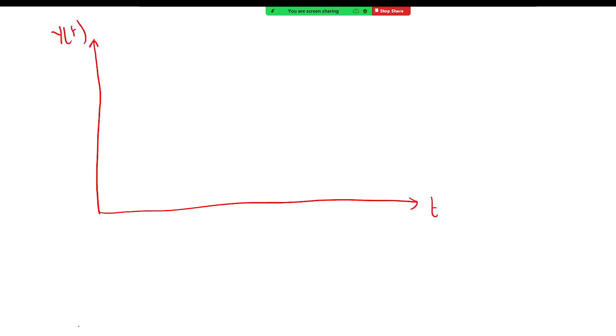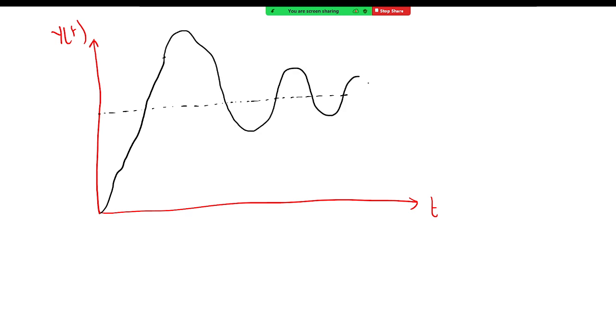Y(t) versus t, it will go like that, and it will look like that. Clear? Here you see ultimately the response is getting settled at this particular line.